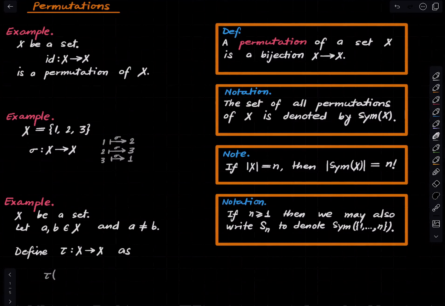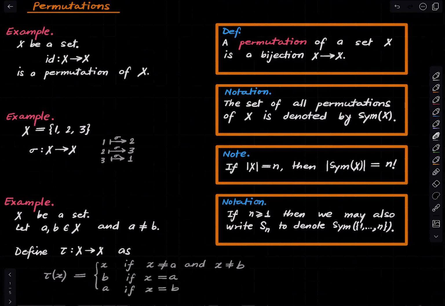Tau of x is x if x is not equal to a and x is not equal to b. So we do not disturb anything apart from these two things. But if x is equal to a, then send it to b. And if x is equal to b, then send it to a.